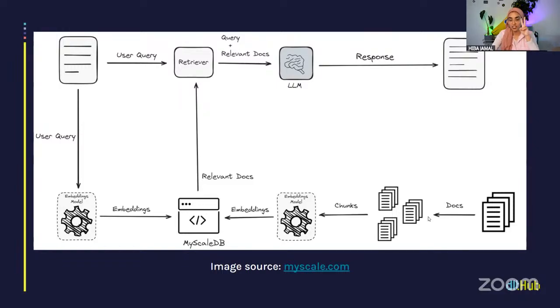You create meaningful chunks out of them because you cannot load an entire book into a single prompt, right? So you chunk it in a way that it becomes small, meaningful pieces that your system can then look at. Then you have to add some form of embedding.